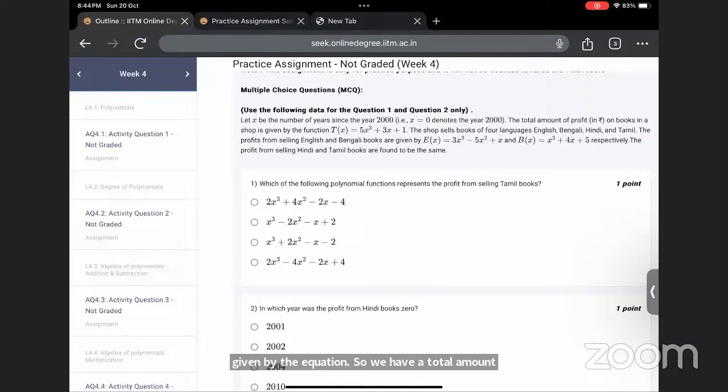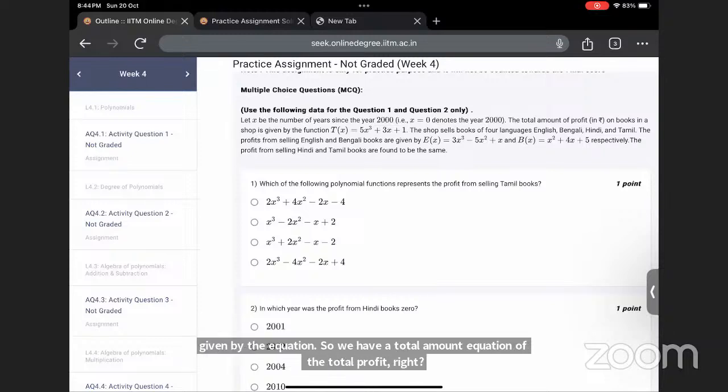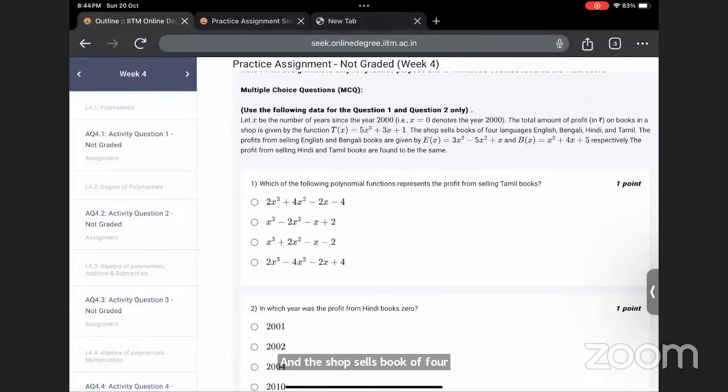And the shop sells books of 4 languages: English, Bengali, Hindi, and Tamil. The profit from selling English and Bengali books are given by E and B, these two polynomials. And also it's given that the profit from selling Hindi and Tamil books are found to be the same.